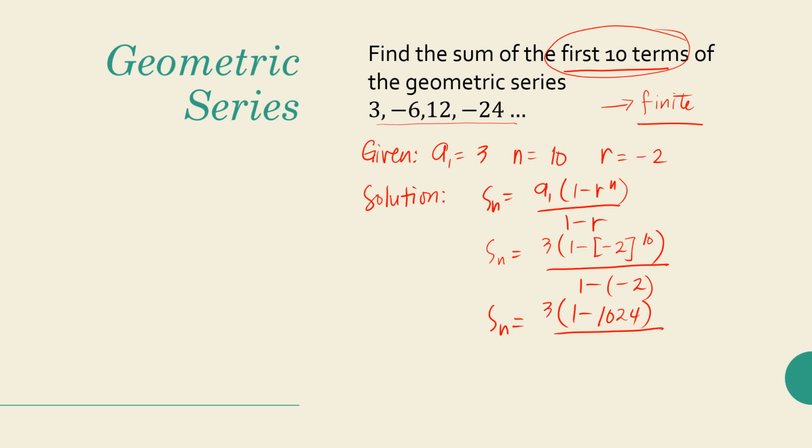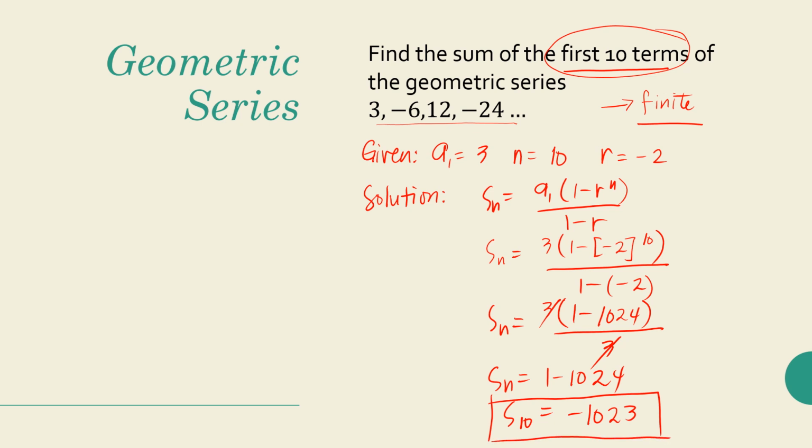This is 3, and then cancel out the value of 3 there. So therefore, S sub 10 is equal to 1 minus 1024, which is -1023. So the sum of the finite geometric sequence is -1023.